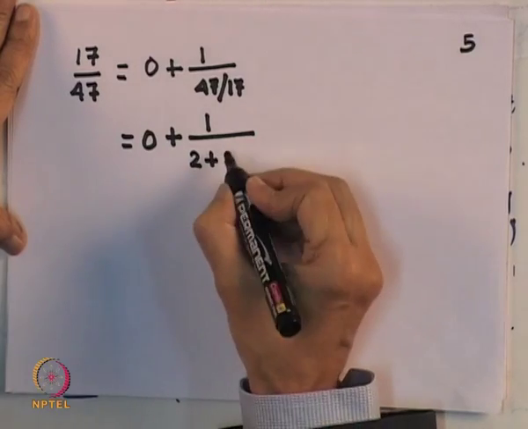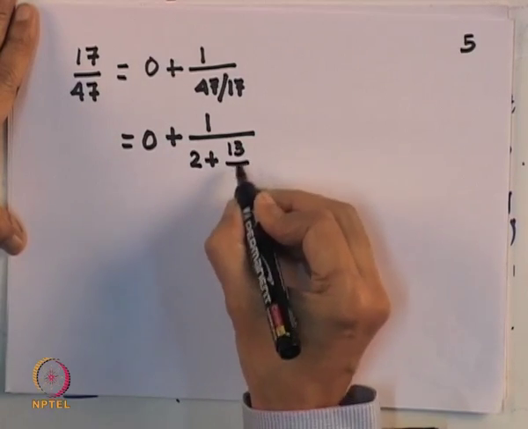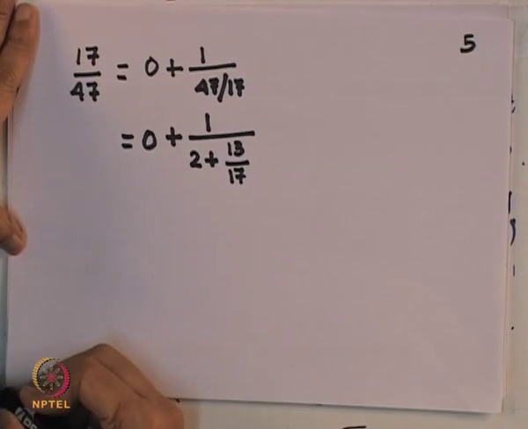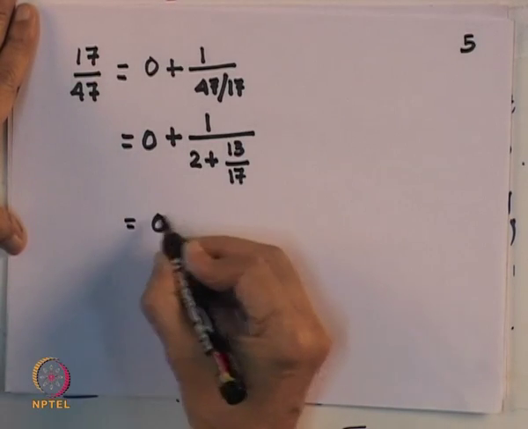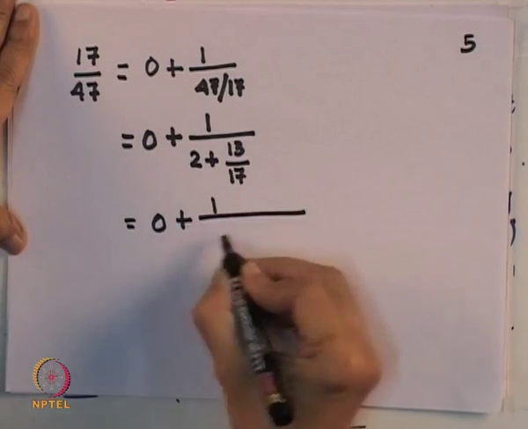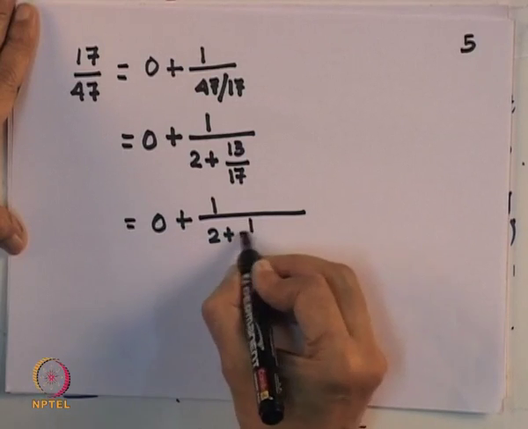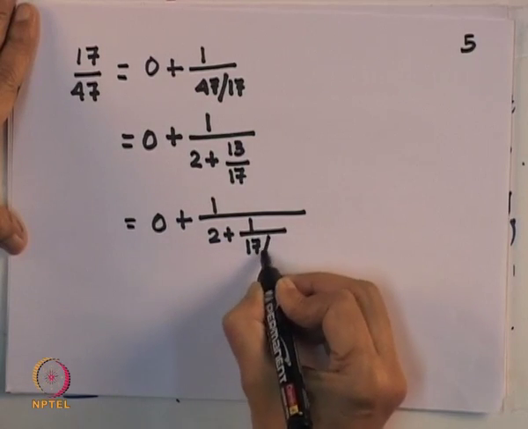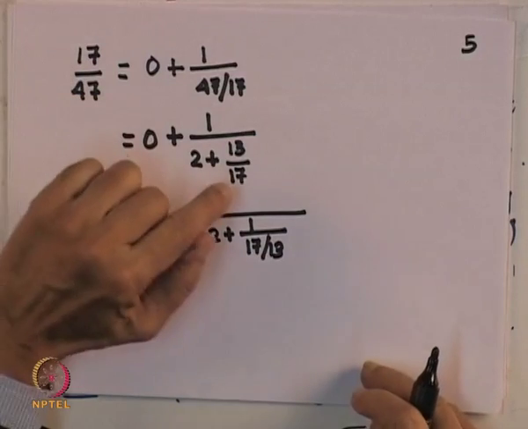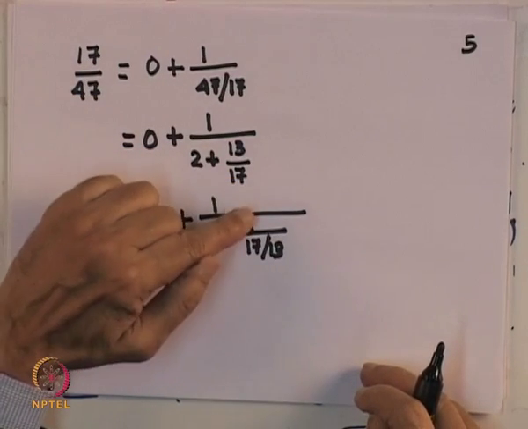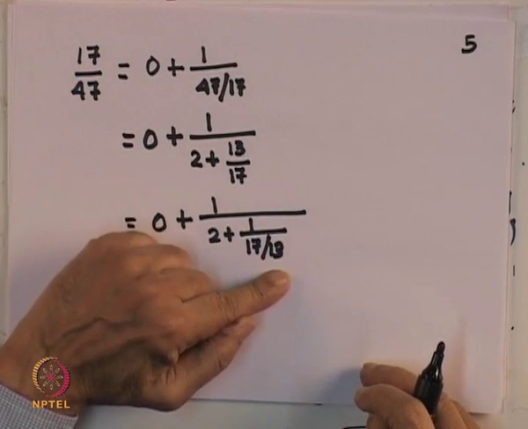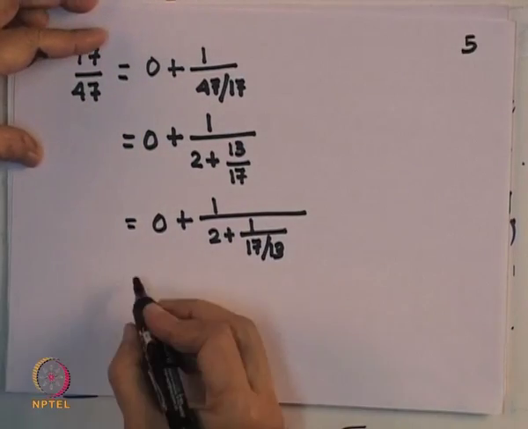So 2 plus 13 by 17. Repeat this: 1 over 2 plus 1 by 17 by 13. See, every time the smaller fraction you write as 1 divided by the inverted fraction.